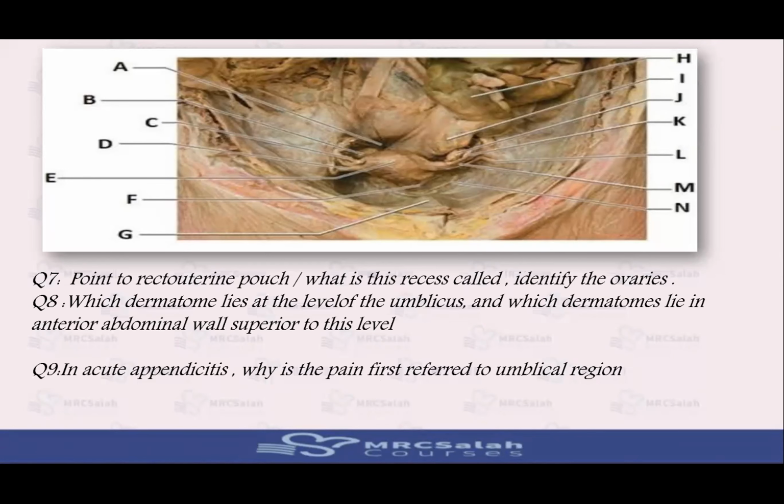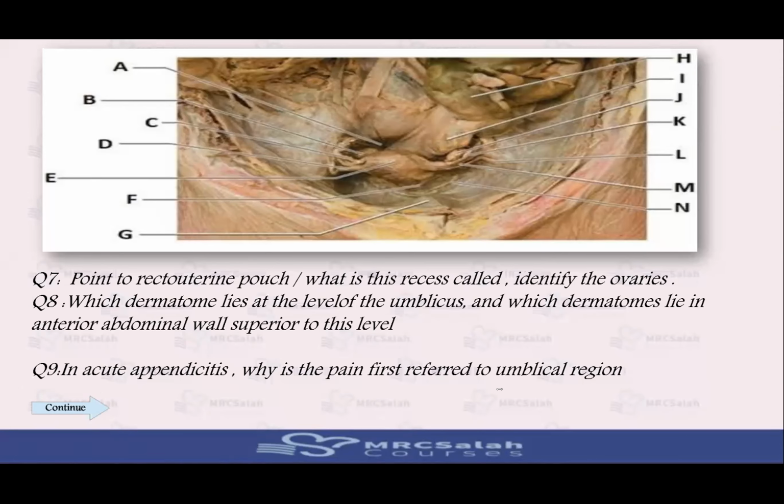Because they share the same level of dermatomes, yes, and the same dermatome, which is T10. No, I want a clear answer for this question. Through which fibers? Can I answer? Okay. Yes.